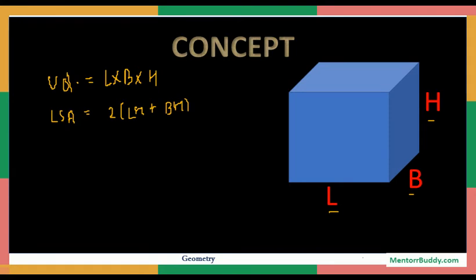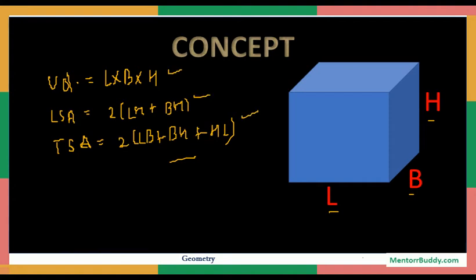And the total surface area will be equals to twice of LB plus BH plus HL. So these are the basic forms to understand for cuboid: the volume, lateral surface area and the total surface area. Well, in this question we require the main volume.